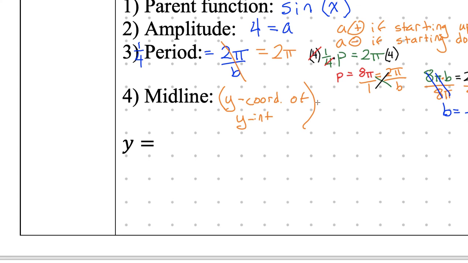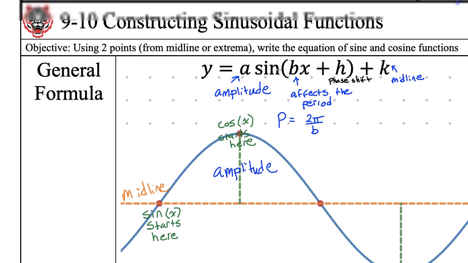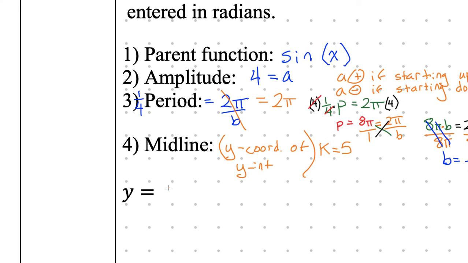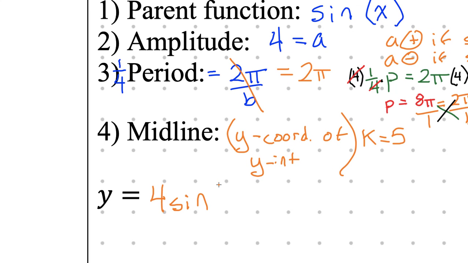So come down in here, write down Cheyenne's: k is equal to 5. All right, build it piece by piece, brick by brick. The first brick is a, and I'm going to write that down. A is 4. So I write down 4. What was our parent function? Our parent function was sine. Okay, what's going to go inside here? This is going to be the b that affects the period.